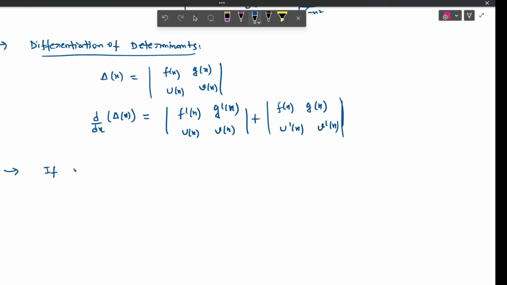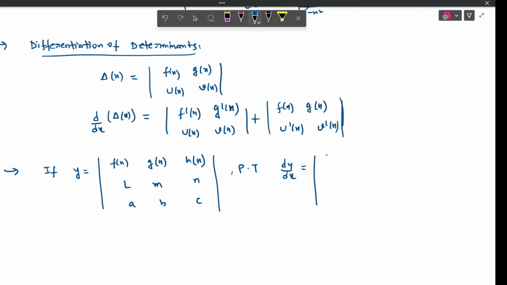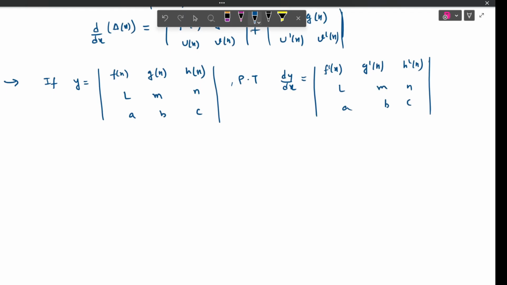If y equals the determinant with rows f of x, g of x, h of x; L, M, N; A, B, C, prove that dy by dx is the determinant with rows f dash x, g dash x, h dash x; L, M, N; A, B, C. You have to prove this.